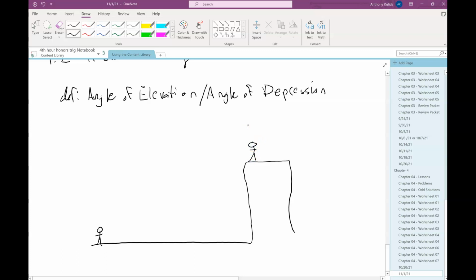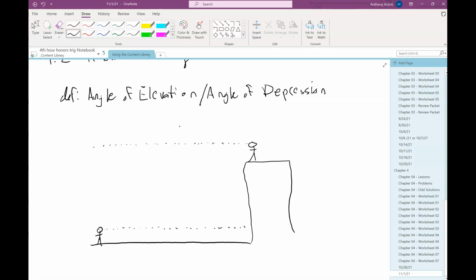So imagine you have 2 people, one person at an elevated position to the other. Assuming they're just standing with their line of sight straight forward, that's the person on the ground's line of sight, and this would be the person on the cliff's edge line of sight. Everybody's okay with that?